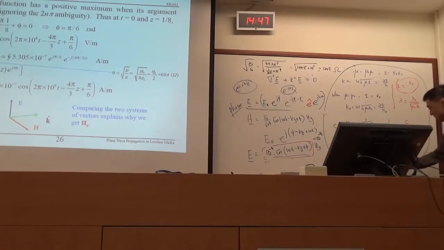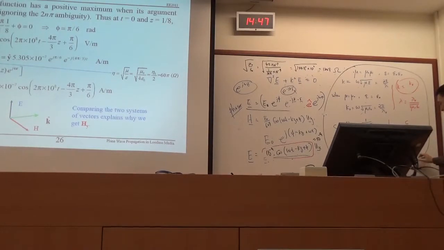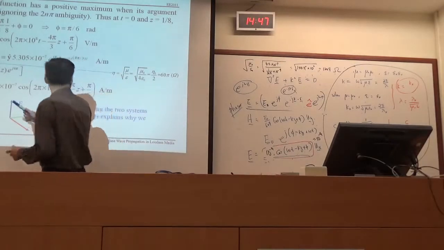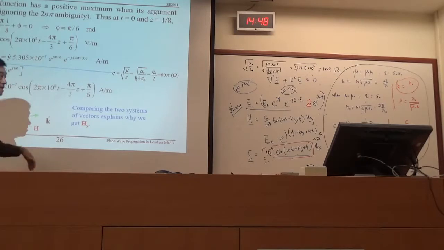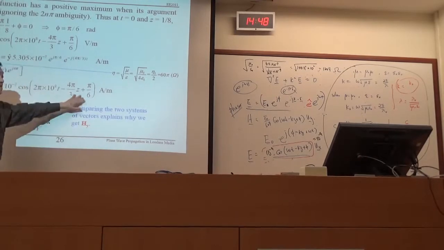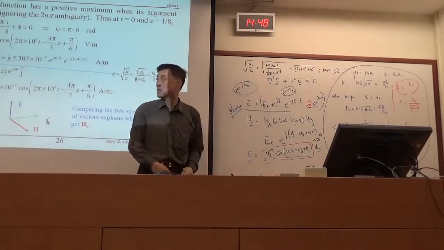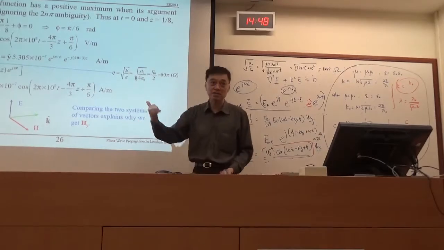Because zeta is equal to zeta naught divided by square root of epsilon r, which is zeta naught divided by square root of 4, which is 120 pi divided by 2. So straight away you get the answer of 60 pi right here. So in fact, you don't have to do all the equations, trying to find the cross product, because E cross H is equal to K.